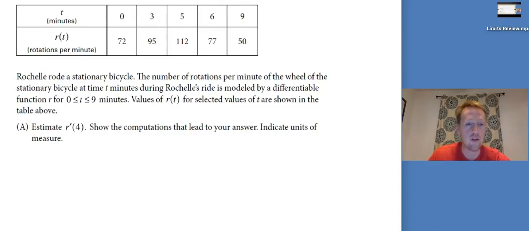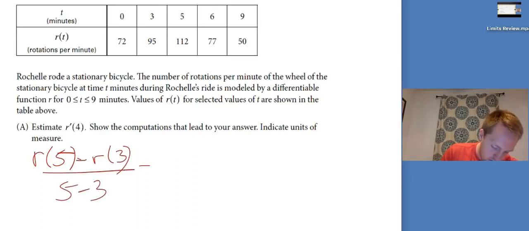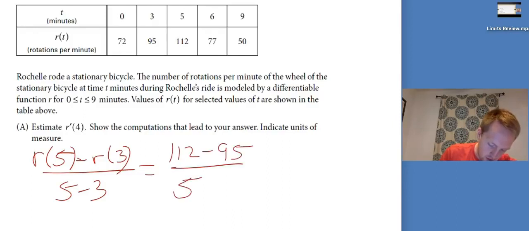Well, that'd be 3 to 5. So I'm going to do r of 5 minus r of 3 over 5 minus 3. That's 112 minus 95 over 2, which is 17 over 2.